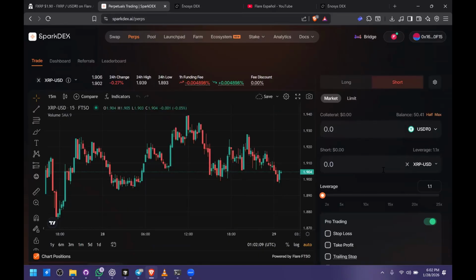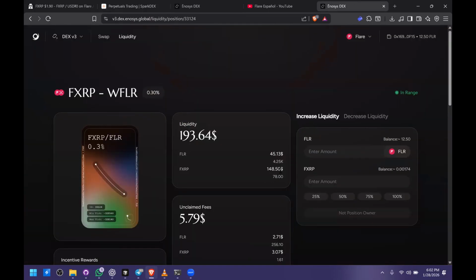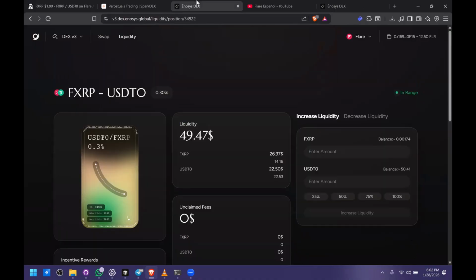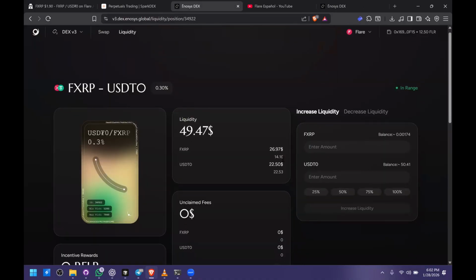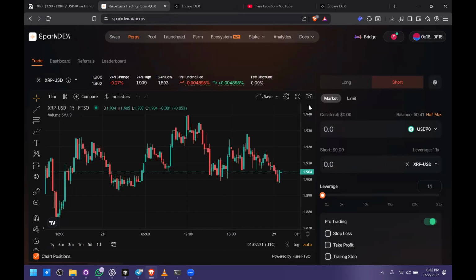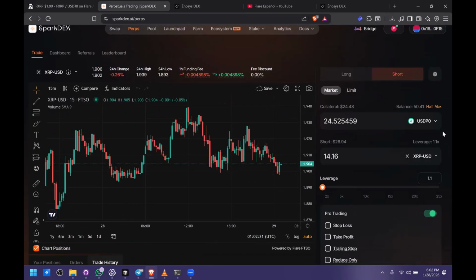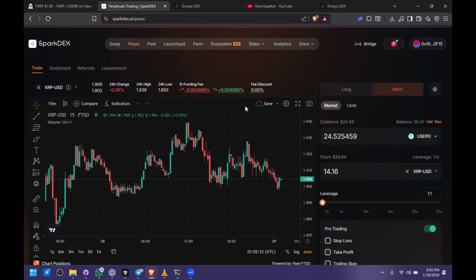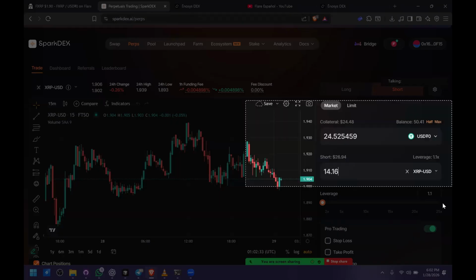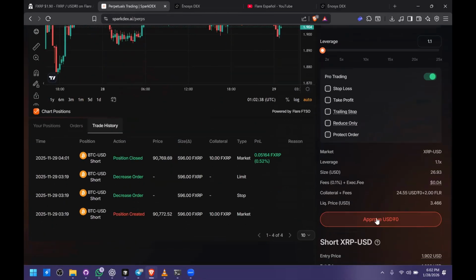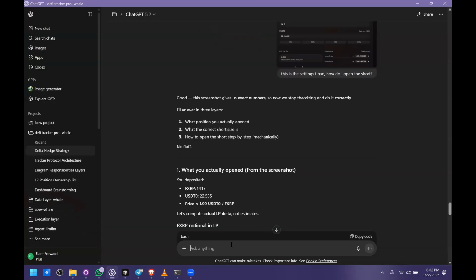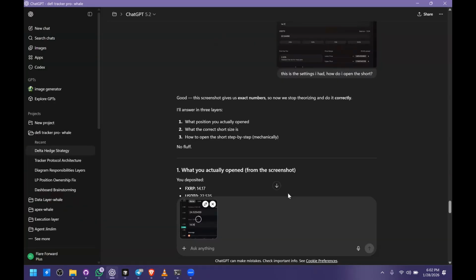And basically what I want to do is, here it is, 14.16 short. So I'm going to do 14.16. That means that it's $24 at 1.1 leverage. So that would be it. Let me confirm, but I'm pretty sure that it is. Yes.